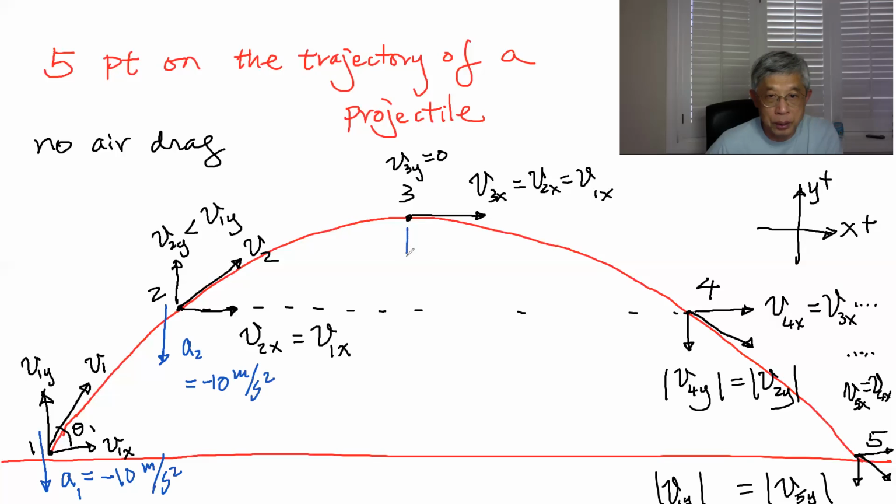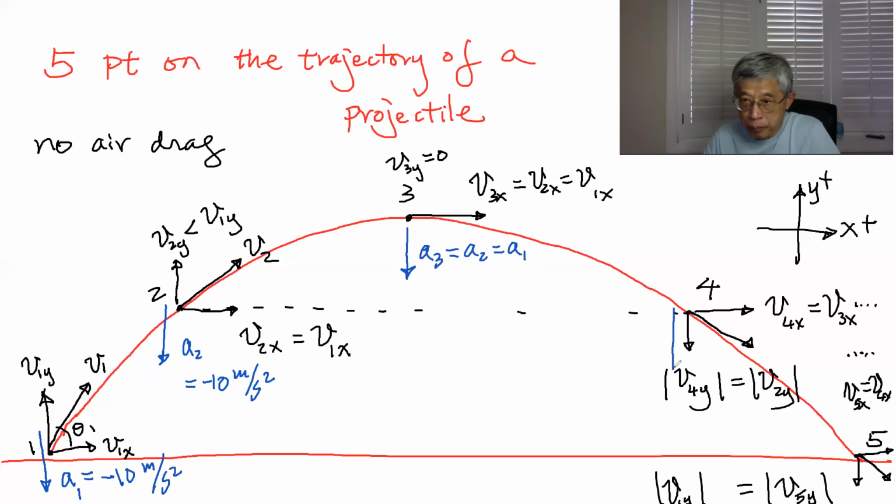And A3 is still equal to A2, equal to A1. Still minus 10. And A4, same, going down, equal to minus 10. And A5, same thing.